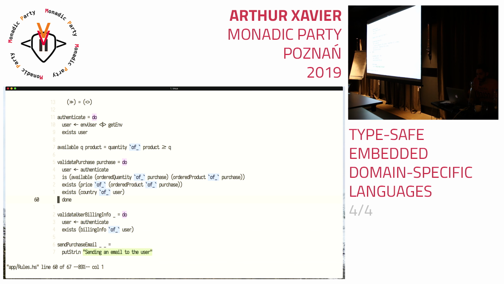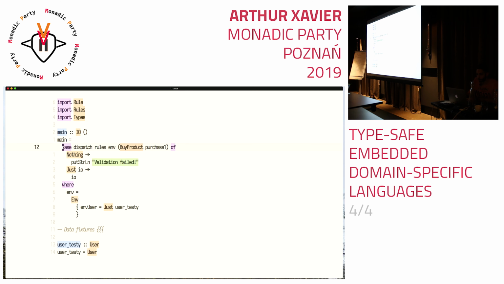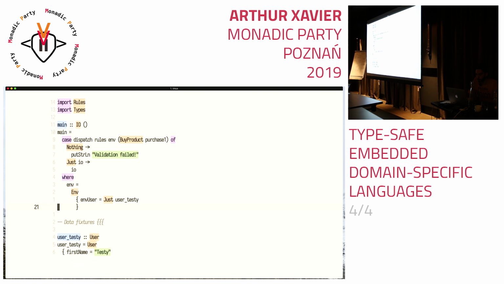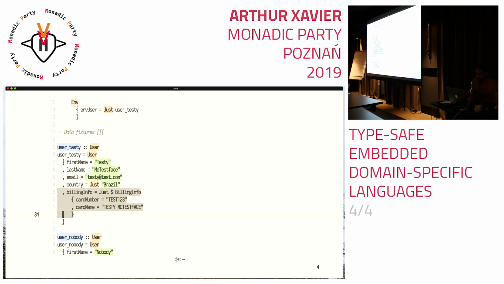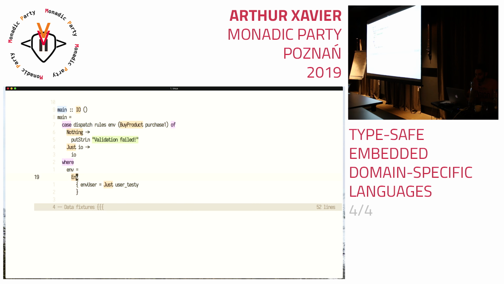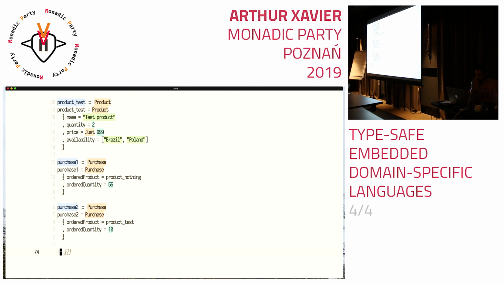So just to run these things, just so you can see that it works. We're dispatching an event to that set of rules, given this environment here, where we have this user who's Testy McTestface, and he's got billing info, he's got country info, so he should pass the validation. And we're dispatching this event of buying a product in this purchase.